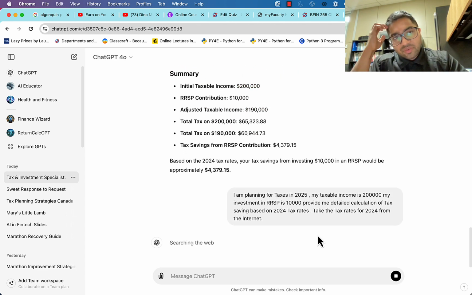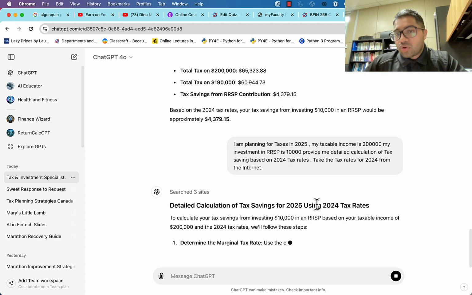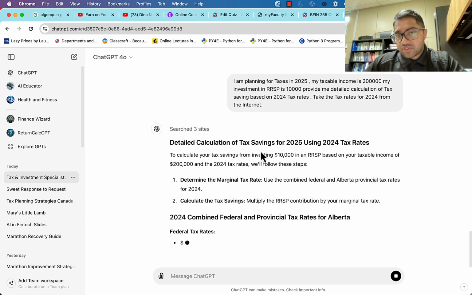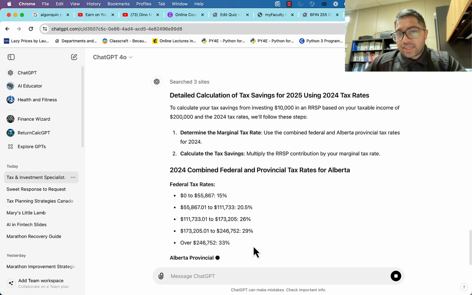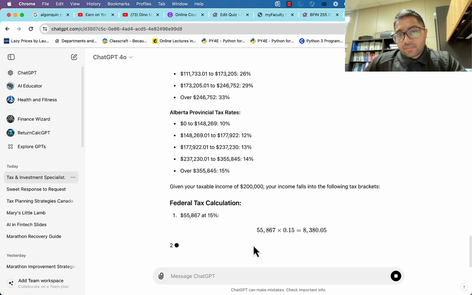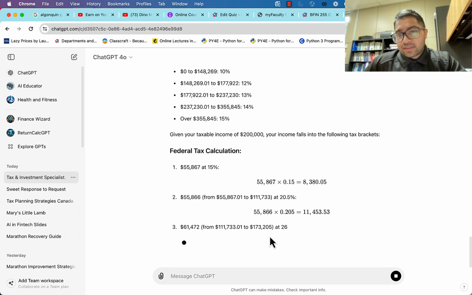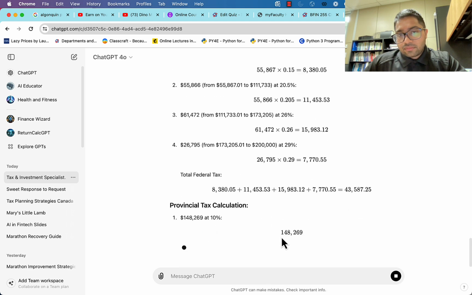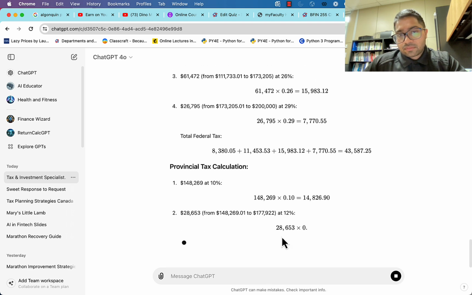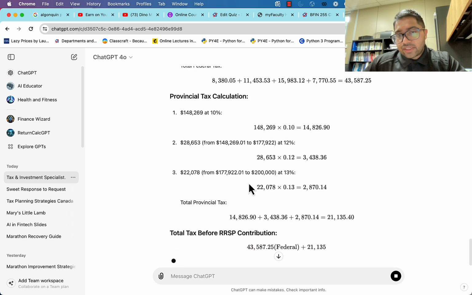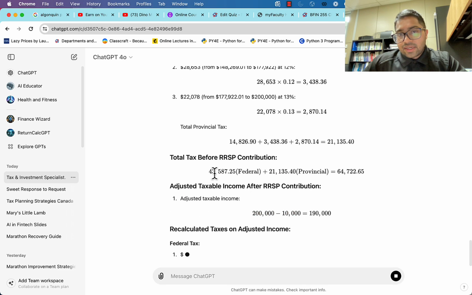So I put in the information. Let's see, it's now searching the internet. So it got the data point exactly, because previously it was assuming. Now it's calculating. Okay, so it is calculating the tax rates. It calculated the federal, it calculated the provincial.